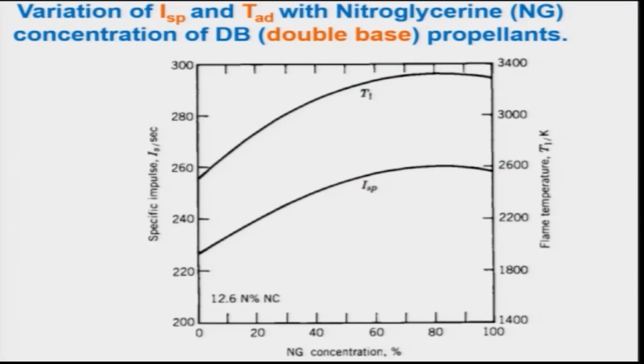Let us look at the variation of specific impulse and adiabatic temperature with nitroglycerin percentage, which is shown here for a typical double base propellant. Keep in mind that this is a theoretical calculation done using equilibrium analysis.